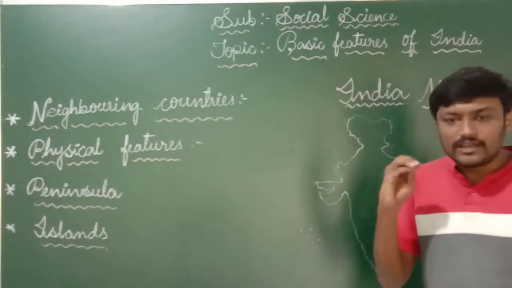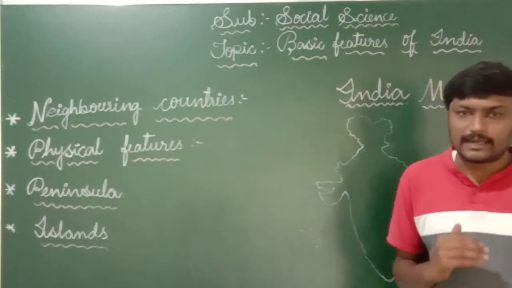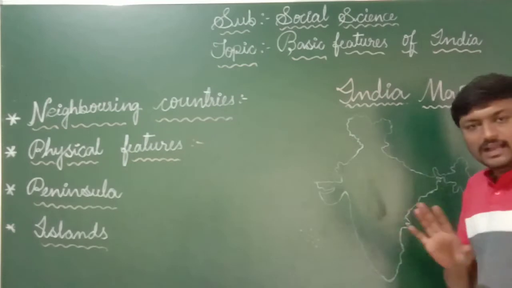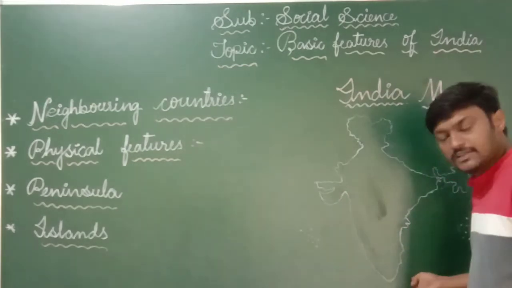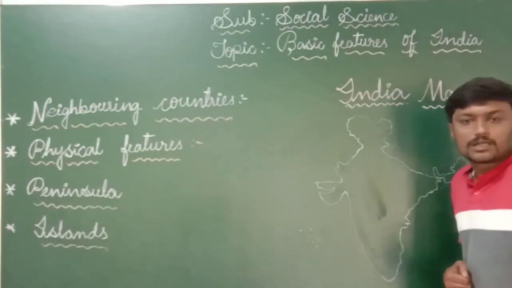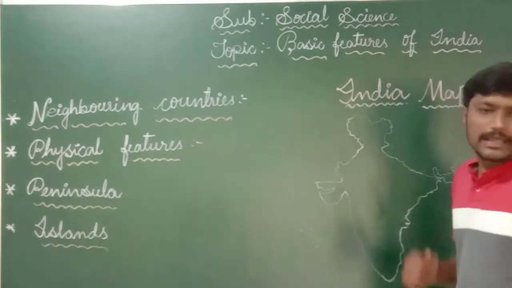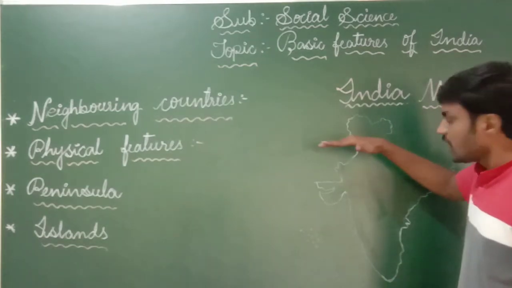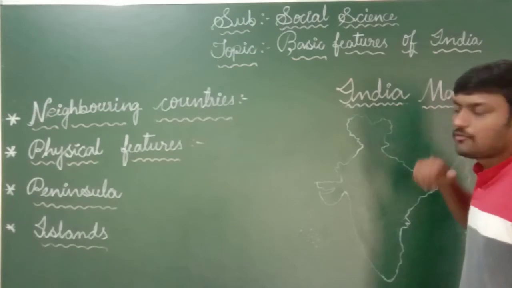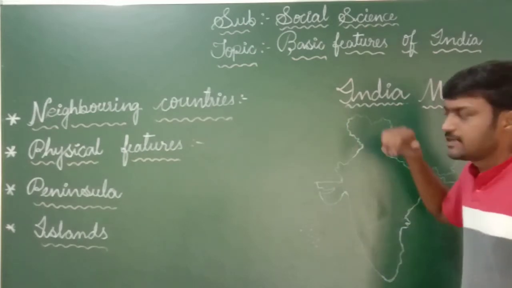These are the nearest neighboring countries of our India. Sri Lanka lies in the south of our nation, but all the other neighboring countries are located in the northern part of our India itself.